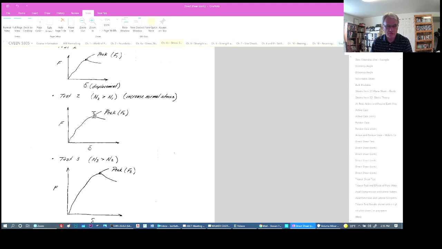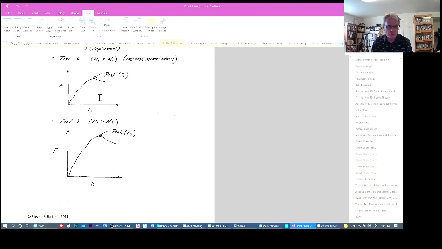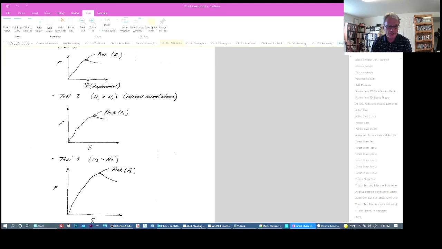It goes up to an even higher value and then begins to drop off, and we'll call that the peak force in number 2. Then we repeat it again for normal stress 3, which is greater than normal stress number 2. We're increasing the normal force, and we allow another peak to be determined. We're really interested in these peak forces and plotting them.